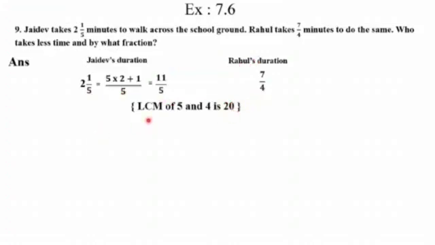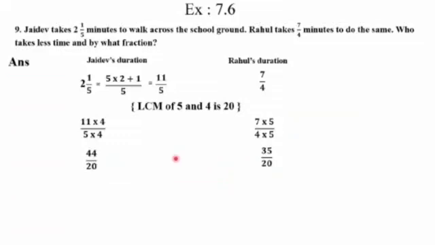So 11 upon 5 is multiplied by 4 to make the denominator 20, and the same 4 is multiplied in the numerator. For 7 upon 4, multiplication by 5 is done so that we get the denominator 20. Now here we got 44 upon 20 and here we got 35 upon 20.